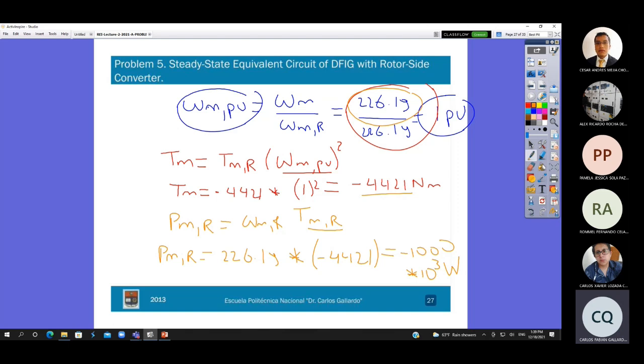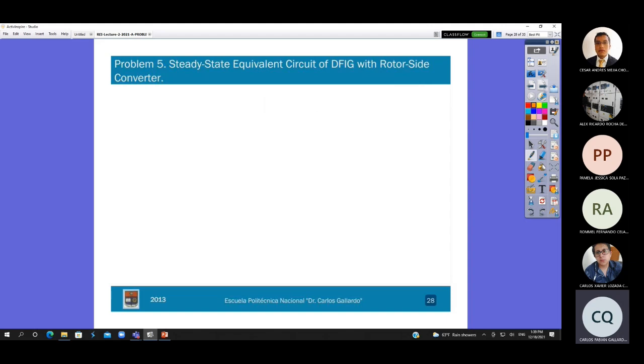So now let's estimate the generator mechanical power using the speed ratio. Computing the new power using the ratio of the speed, in this case it is proportional to the cube. So the new mechanical power, using as the reference the rated mechanical power times the speed ratio, the per unit value, is proportional to the cube. Therefore, I will have 1000 times 10 cubed, times 1 cubed, because it is proportional to the speed ratio cubed.